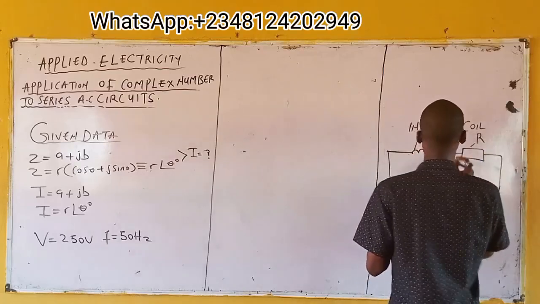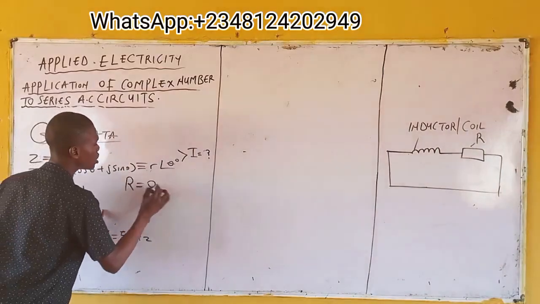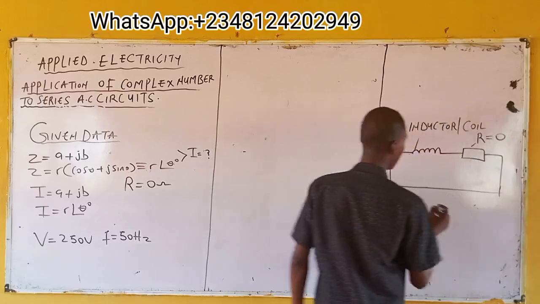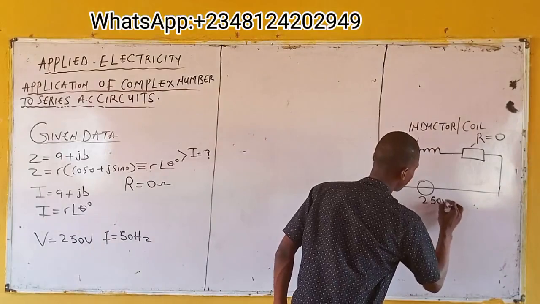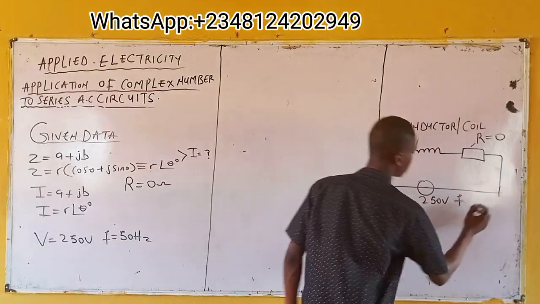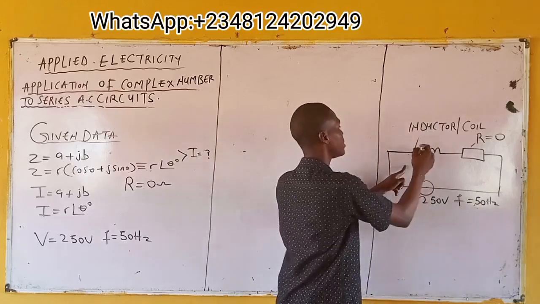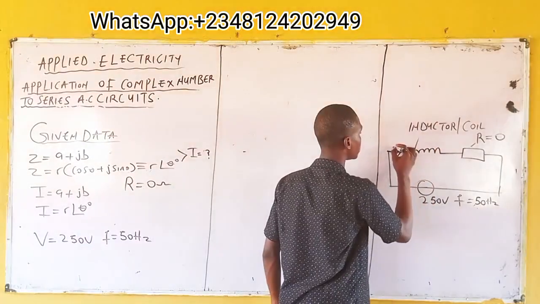From the given data, you have negligible resistance, meaning 0 ohms. The value here is 0. You are given your voltage source to be 250 volts, and f to be 50 hertz. Now you want to calculate the current flowing through this inductor. Let's denote it as I.